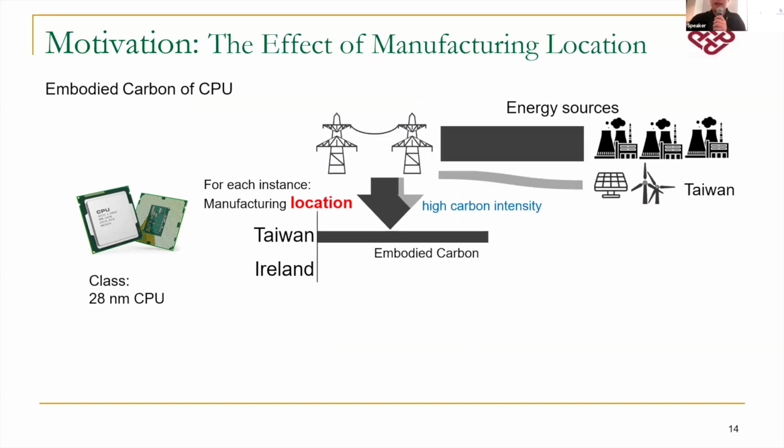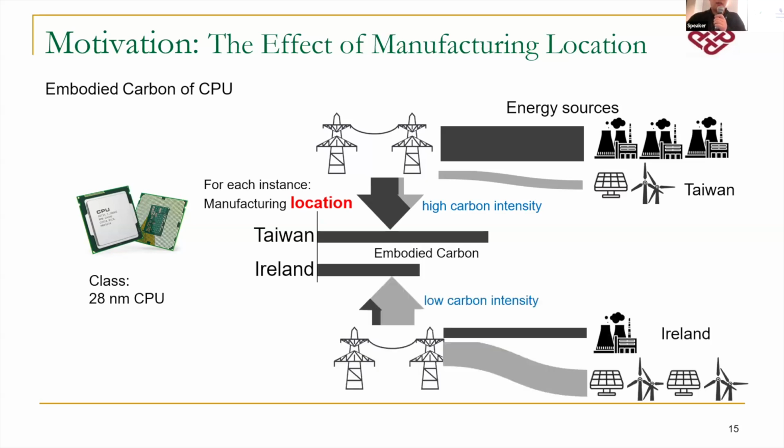The power grid of Taiwan has more brown energy, resulting in the high carbon intensity of electricity. So the instance manufactured in Taiwan has a high embodied carbon. Well, the grid of Ireland has more green energy, resulting in low carbon intensity. So the instance manufactured in Ireland has a smaller carbon.